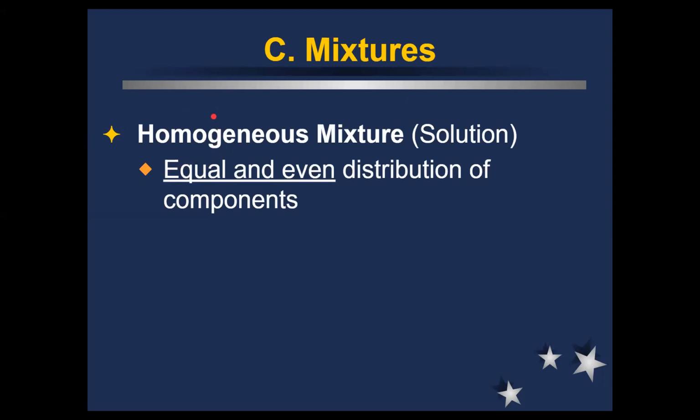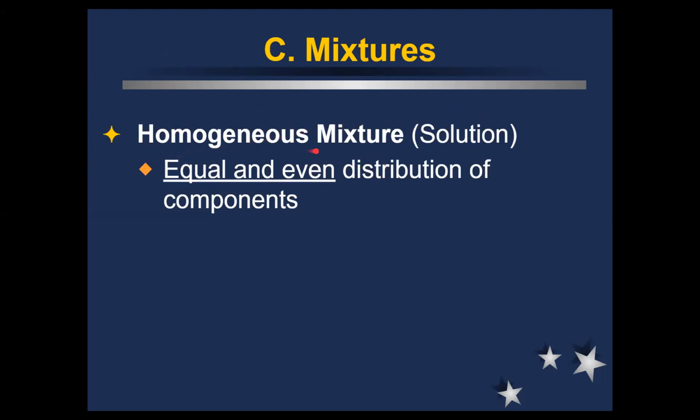Same thing if you take a biology class and you start talking about genes and alleles. A homozygous combination is when you have two of the same genes, and a heterozygous combination is when you have two different genes. So homo means the same and hetero means different.